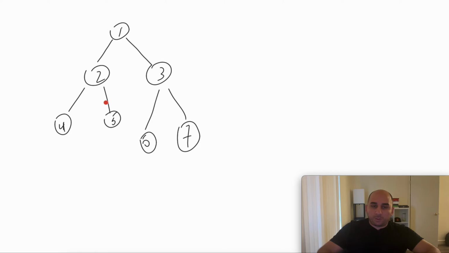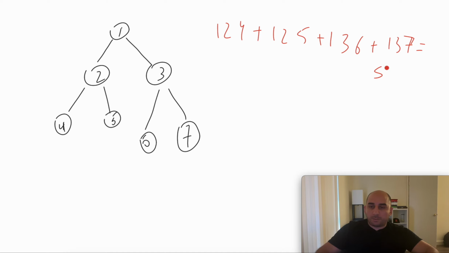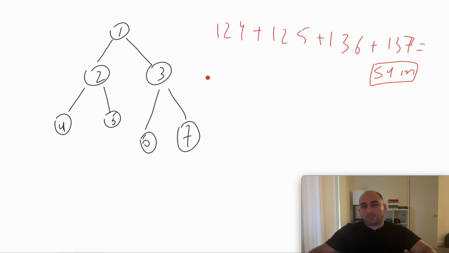Then we are going to take 124 plus, and we explore another branch, so plus 125 plus 136 plus 137, and once we DFS all the possible options, we just return that sum as a result. Okay, pretty straightforward. All right, that's it. Let's go to the solution part.